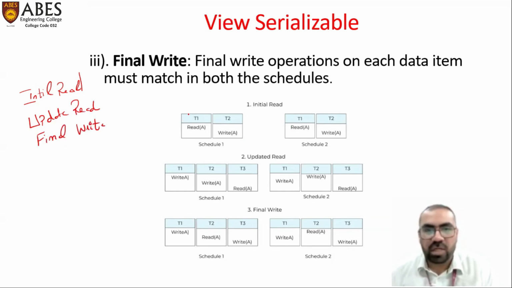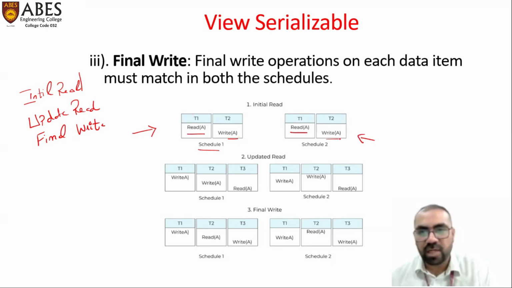Okay, so let us see initial read. These are the three conditions. If schedule S1 has read A and write A, then even in schedule 2 we have read A and write A in this order. Now, what is an update read? For example, T1, T2, T3: write A, write A, and read A. Similarly, write A and read A. So the order of the read and write should be the same.